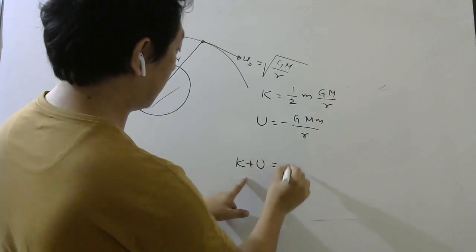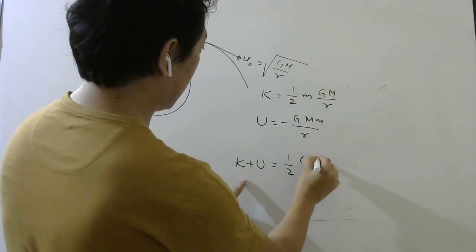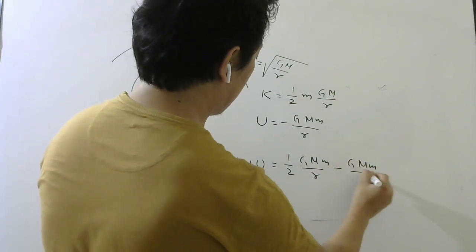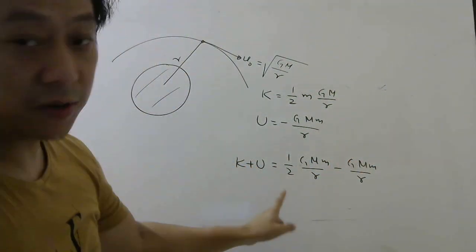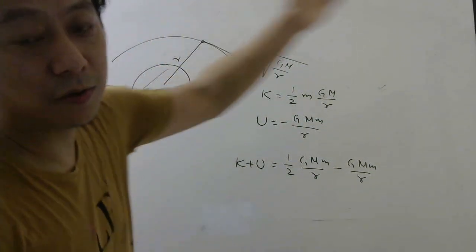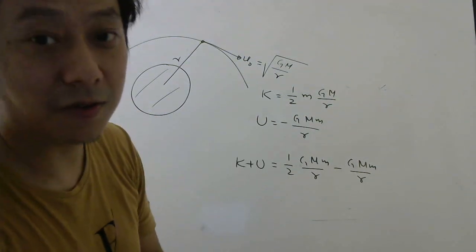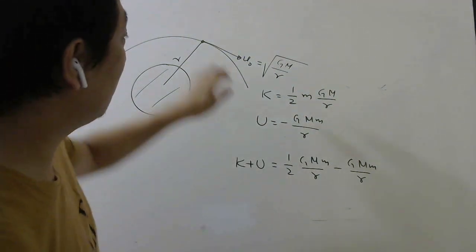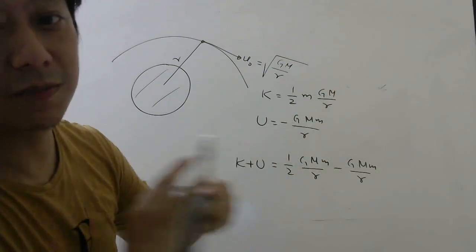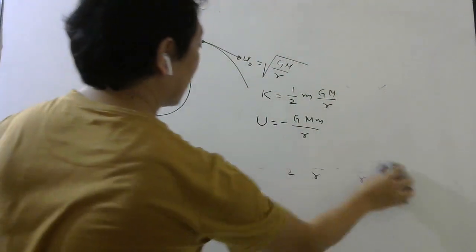How much will you get? Half GMm by r minus GMm by r. So that will be negative. So it already has negative energy here. So why will it go to infinity where energy is zero? The body will be more stable here only, no? But you can force it by giving it velocity, by increasing kinetic energy.